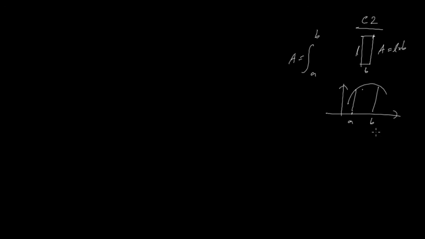The rectangle's length is y, so this vertical is y, and this breadth is dx. That means you add up all the rectangles. In other words, area is the integration of y dx from limit a to b. So this is the y and this is the dx. This is the idea behind the area.